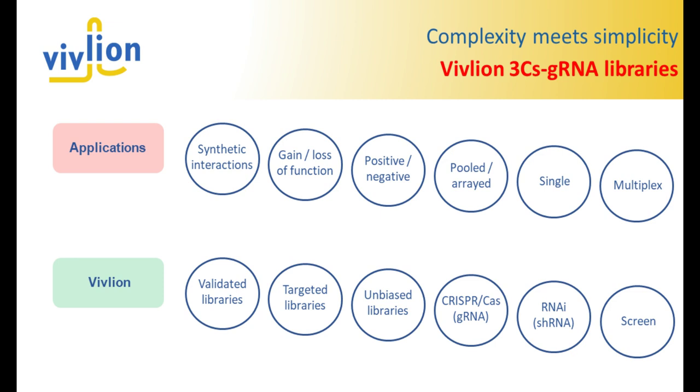So with this, I hope I have convinced you that we have a very powerful technology at hand that is proprietary to our company and also to the lab, and that we can efficiently generate single and multiplex libraries in various formats, that we have pre-validated libraries, and that we also offer screens.